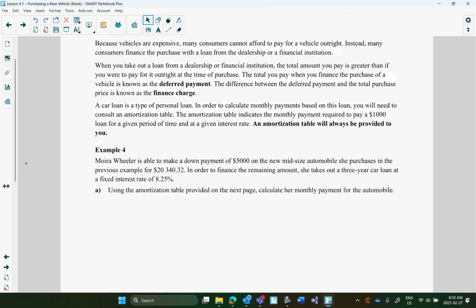And it's a car loan, very similar to a mortgage. Remember, a mortgage is just a fancy word for a loan on a house. But we don't have a fancy name when it comes to vehicles. We just call it a vehicle loan. And it's similar in that dealerships, if we're purchasing a new vehicle, will have some sort of amortization table like we had for mortgages.